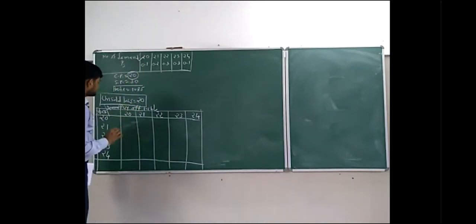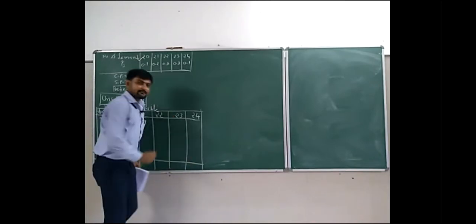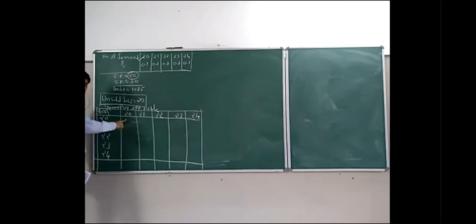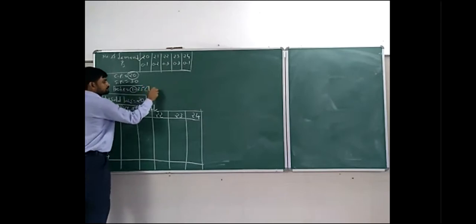So it is advisable to find the profit for the same demand and stock. So here in the first row, first column, we have 20 demand and 20 stock. So we'll get a profit of 10 rupees per pastry. This is the profit of one pastry.